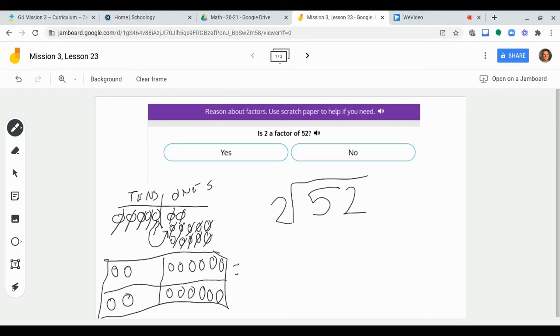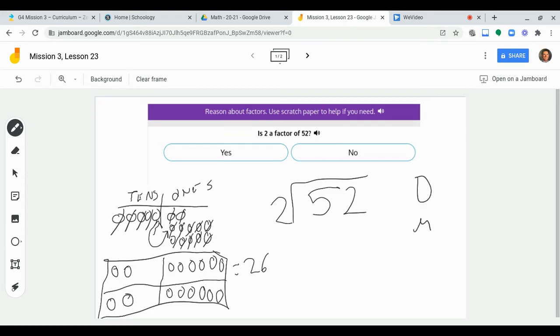How many did I end up with in each group? Well, I had 2 tens and 1, 2, 3, 4, 5, 6 ones. So that equals 26. Now I'm going to do the same thing the standard algorithm way.